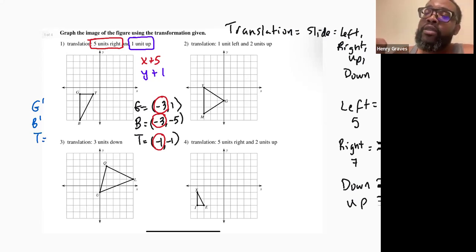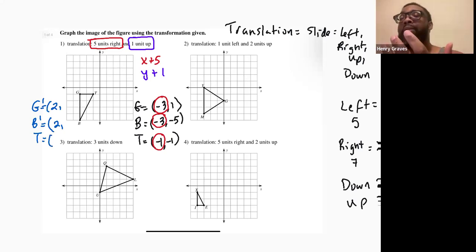So -3 plus 5 is going to be a +2. Same with the B, -3 plus 5 is also a +2. But my new T is going to be -1 plus 5, which is going to be a +4. Now, my Y numbers, I'm just going to be adding 1 to them.